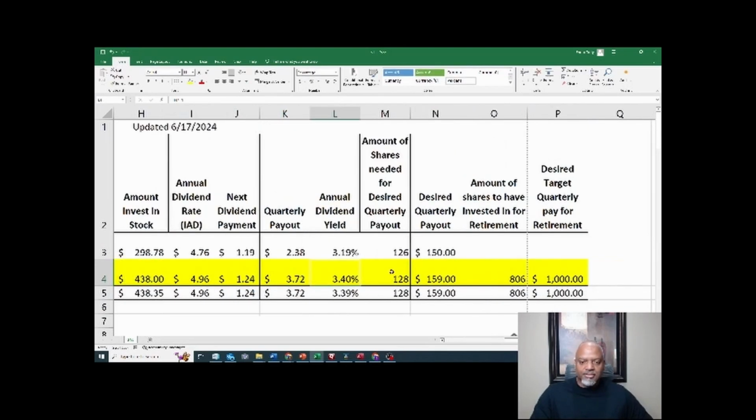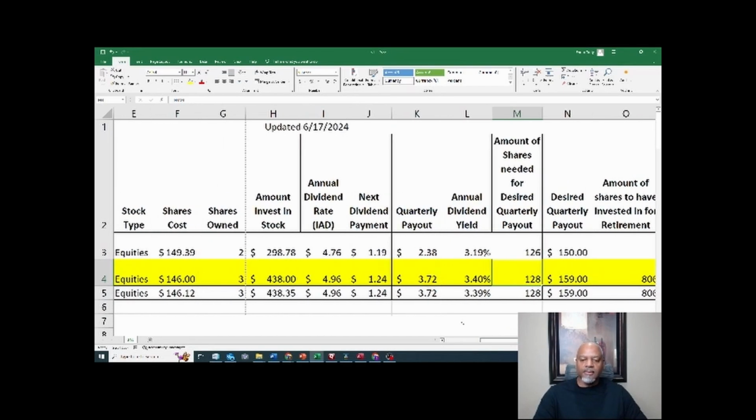The number of shares that I want to have in this account is 128 shares. Then the 128 shares would give me a desired quarterly payout of $159, which in turn would every quarter buy me 1 share of stock.